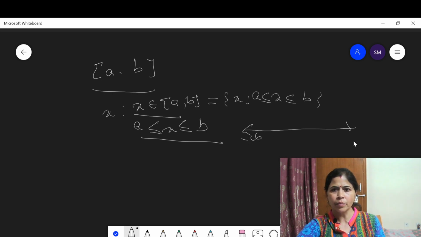Suppose this is the real number line from minus infinity to plus infinity, and A and B are the endpoints, with X lying in between them.